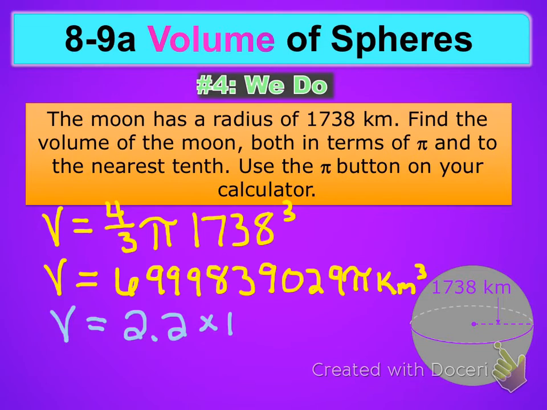If you notice on the calculator, you have a little times 10 in the bottom right-hand corner, and it says times 10 to the 10th. So remember, that's scientific notation. That way we can take a really big number and make it more manageable. So it's 2.2 times 10 to the 10th kilometers cubed.